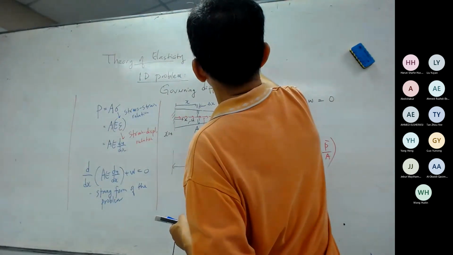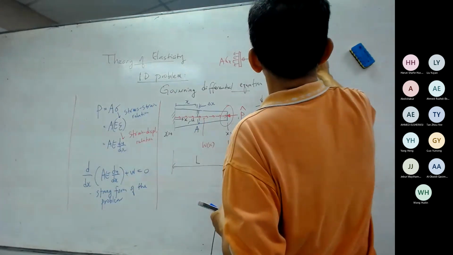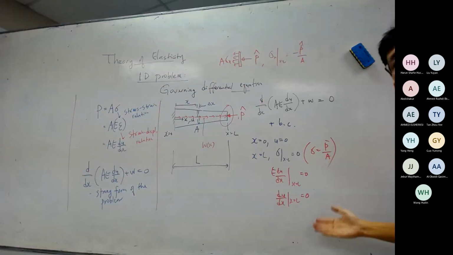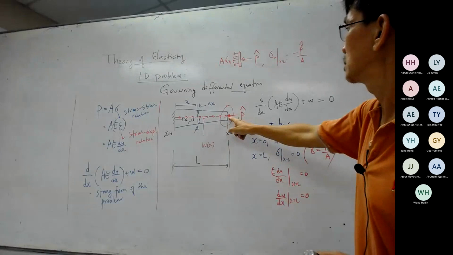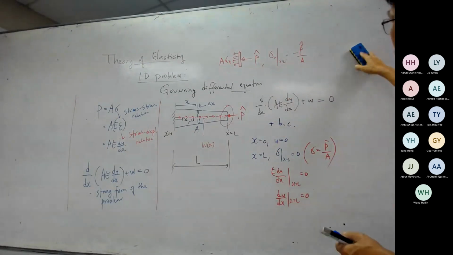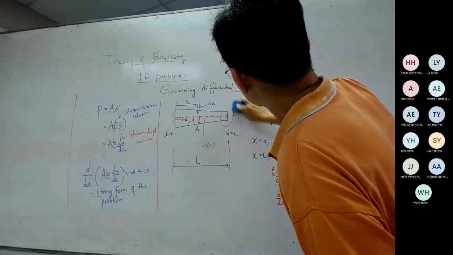So here the boundary condition becomes sigma x, when x is equal to L, it is negative P over A. Okay. So you must be able to relate to this free body diagram that you need in order to get the boundary condition of the stress. This is for this acting like this, opposite to the x direction. If this is not acting in the opposite direction, this is what I showed just now.